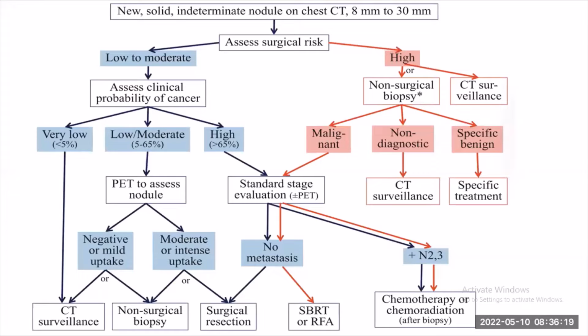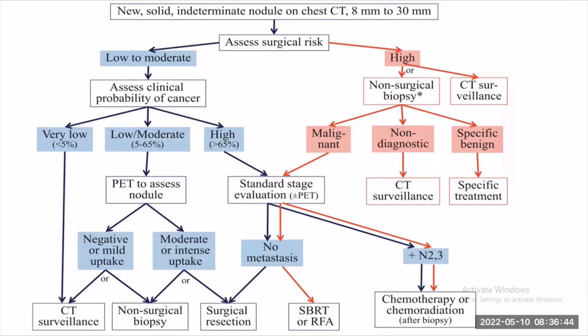So whenever a patient presents with a new solid indeterminate nodule on chest CT, which is 8 to 30 mm in size, we have to decide about the surgical risk, whether the risk is low to moderate or high risk. If it's low to moderate risk, then we have to decide the possibility of malignancy. If it's very low, CT surveillance is sufficient.